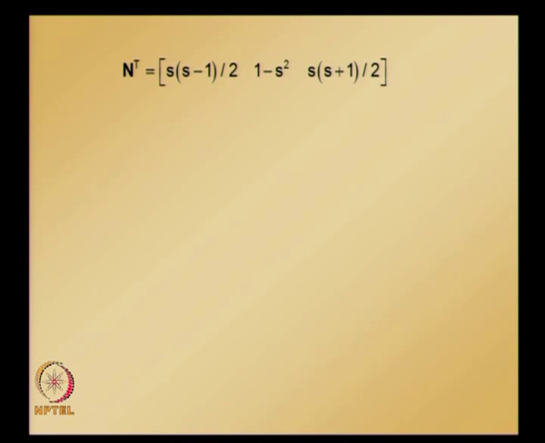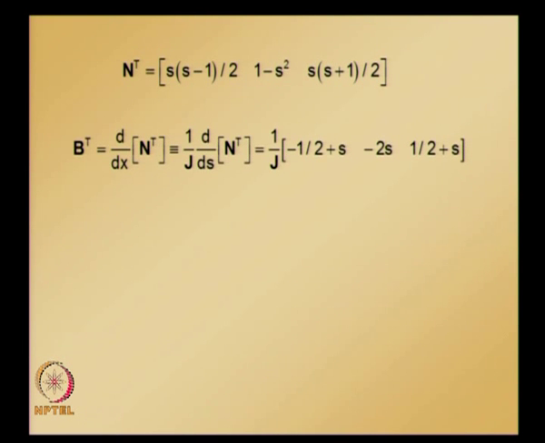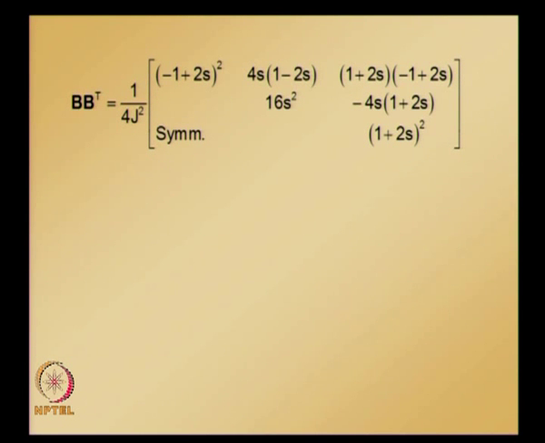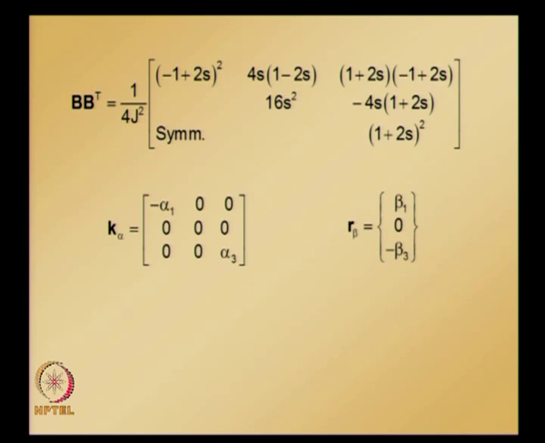and N transpose is defined like this, and B transpose is nothing but the derivative of shape functions with respect to x, defined like this, where the Jacobian J is obtained once we know the nodal coordinates of all the 3 nodes, and now N transpose is given by this one, and similarly B transpose can be computed, and also we have this k alpha and r beta.